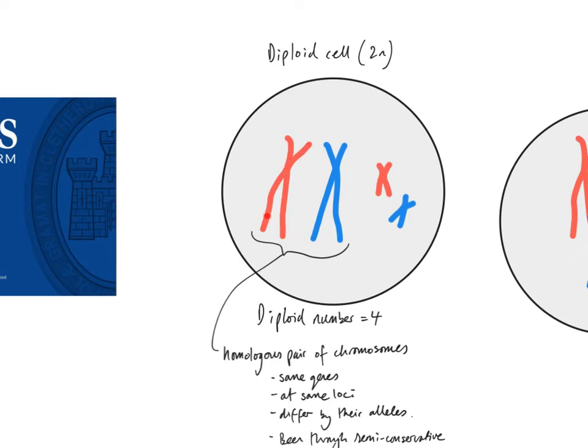There might be a gene at this location, it will be the same gene on this location, same gene on this location. However, this might be a dominant allele of a gene, so you have brown eyes. This might be a recessive allele of that same gene, and therefore say have blue eyes. So, chromosome, homologous pair of chromosomes, and then a chromosome made of identical chromatids.